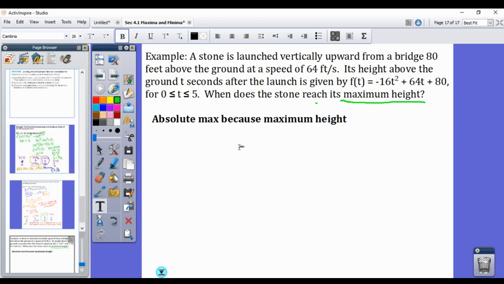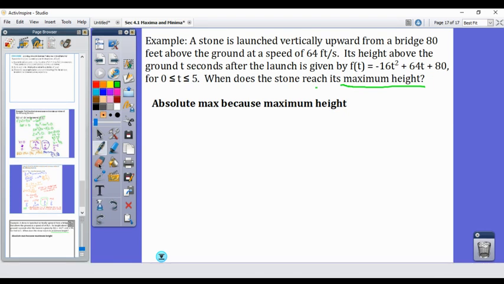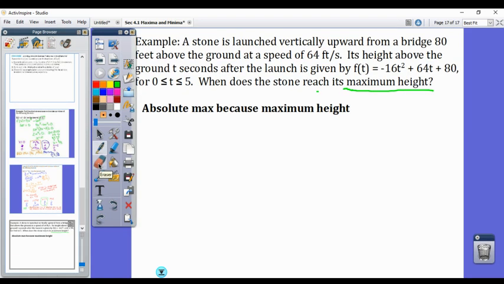All right, so the first thing that we're going to do is find the derivative of f. Okay, so we have negative 16t squared, which is going to give me negative 32t plus 64.